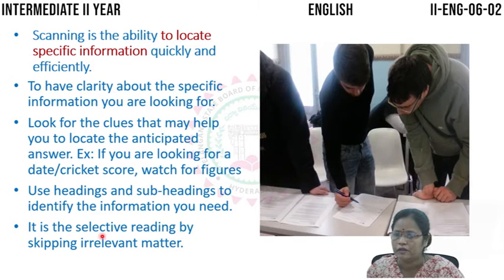Then it is also the selective reading by skipping irrelevant matter. Scanning is only to have selective reading, and we have to skip the irrelevant. Irrelevant means what? Unimportant matter, not so important, not so useful for that passage, which doesn't add much information to it. Then we have to remove that thing. So it is nothing but a selective reading.